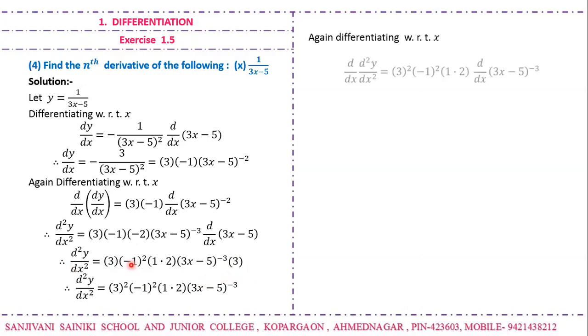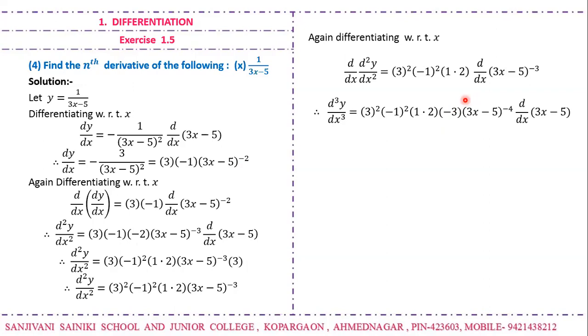Again we will differentiate the same function with respect to x and simplify. So we get this 3 square into this minus 3. So I will take only 3, so 3 cube, and this minus 1 I combine with this minus 1 square.